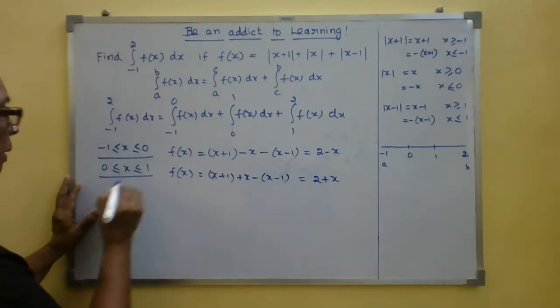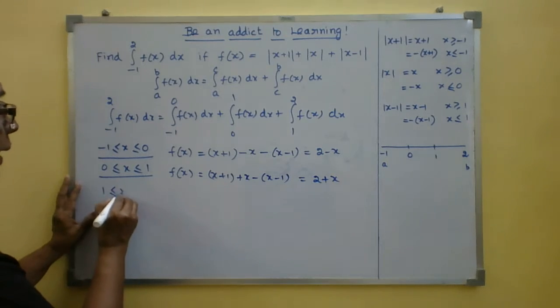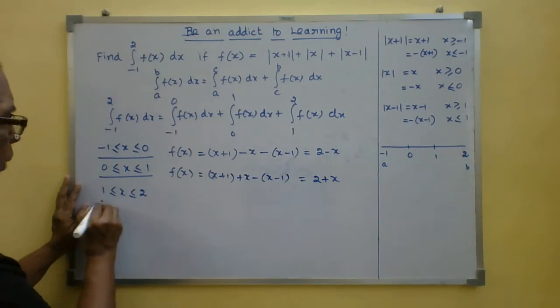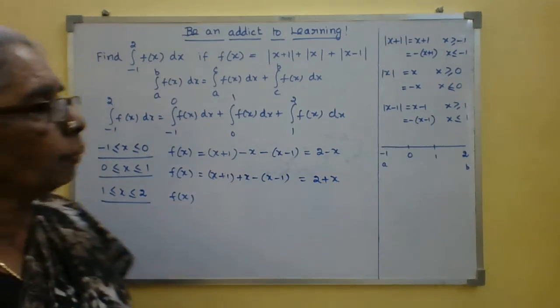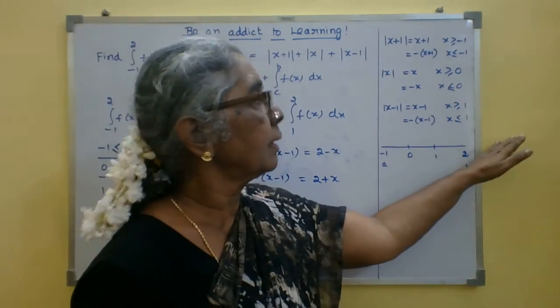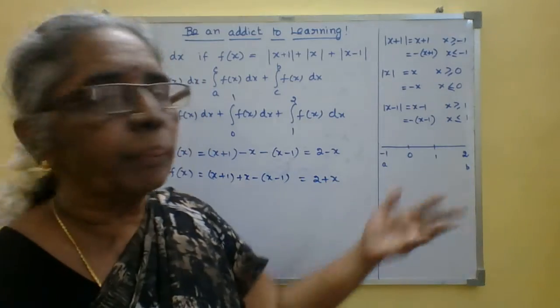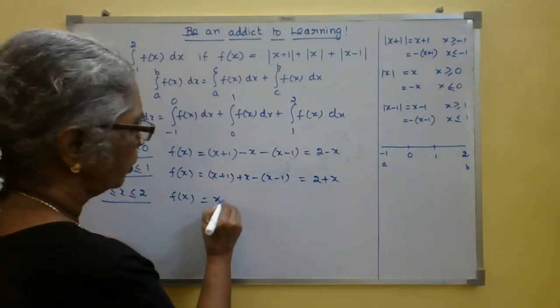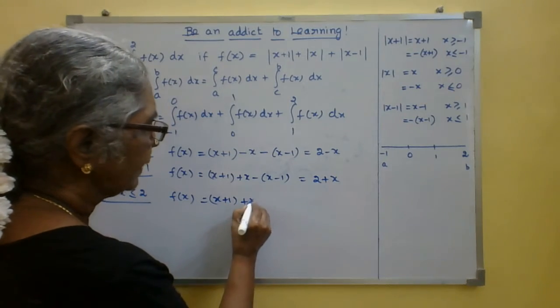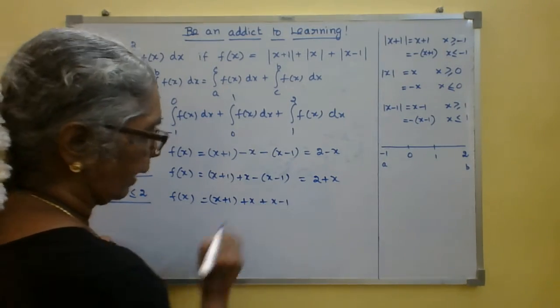Then coming to the third interval, 1 less than or equal to x less than or equal to 2. Here let us calculate the f of x. Now you know it is greater than 1, so everything is going to be positive naturally. So now you will get x plus 1 plus x minus 1.